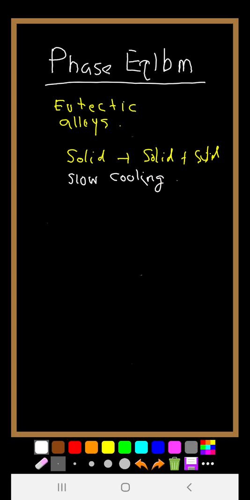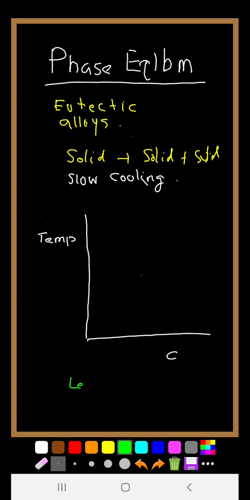Now if we draw the phase diagram, we put temperature with respect to composition. The composition means we will be using lead. So the diagram will look something like this.